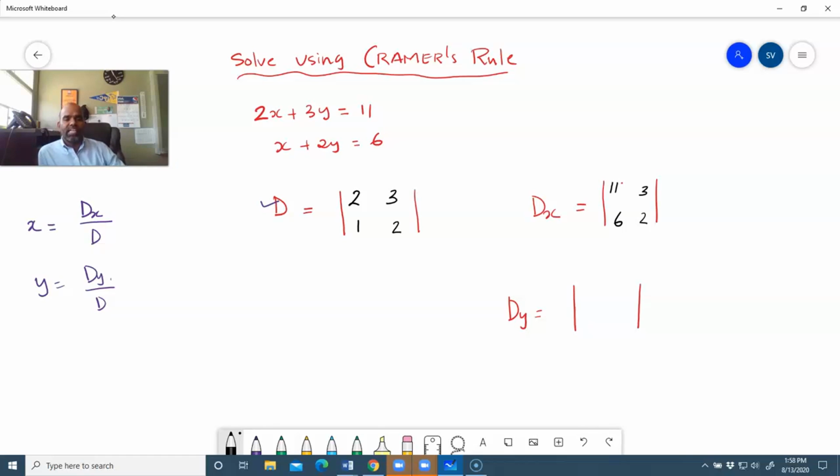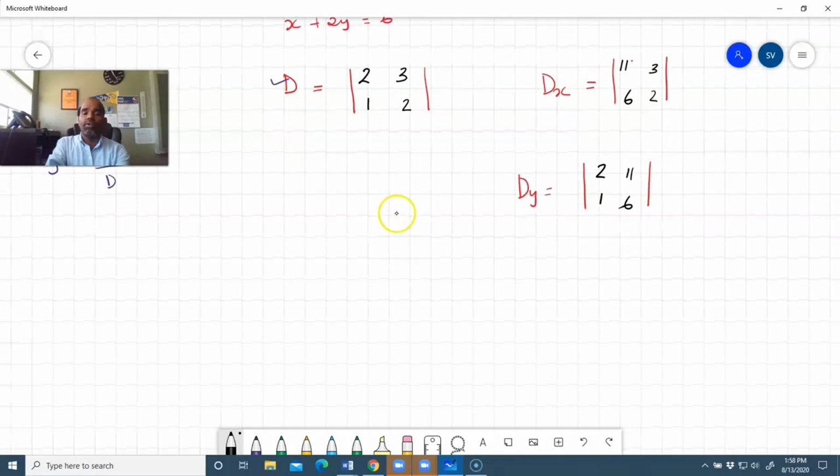Similarly, for finding Dy, what will we replace? We will replace the y coefficients, and we will keep the x coefficients as they are, 2, 1, and you need to replace this 3, 2, because 3 and 2 are the coefficients of y, with 11 and 6. So this is the way to write the initial step of Cramer's rule.